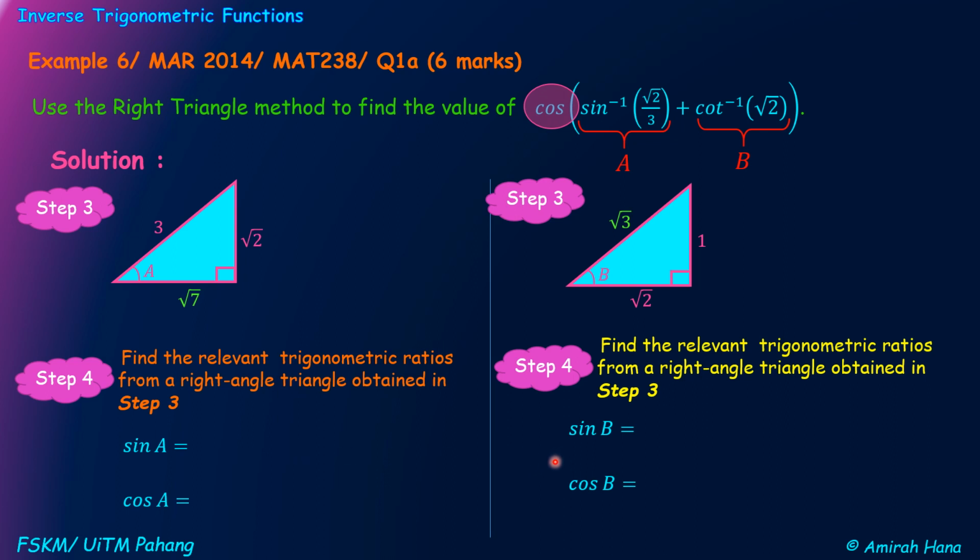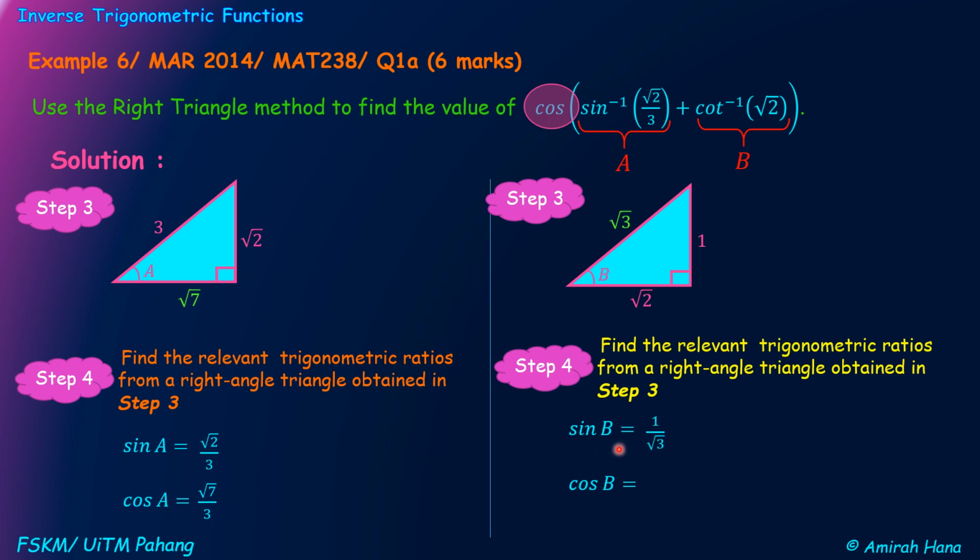Alright, from the right angle triangle here, we can find sin A, which equals √2 over 3, opposite over hypotenuse. Cos A equals √7 over 3, which is adjacent over hypotenuse.